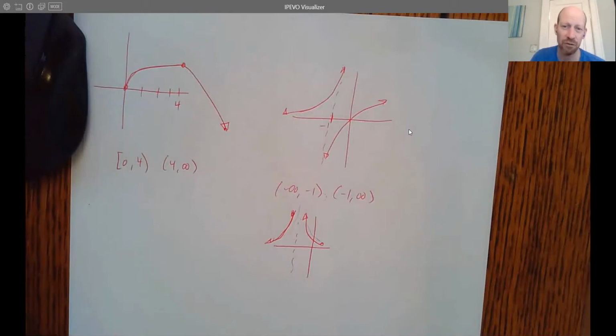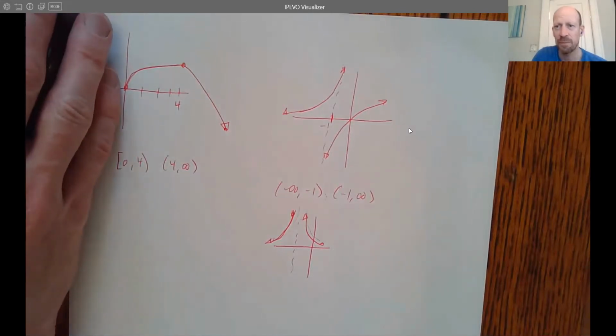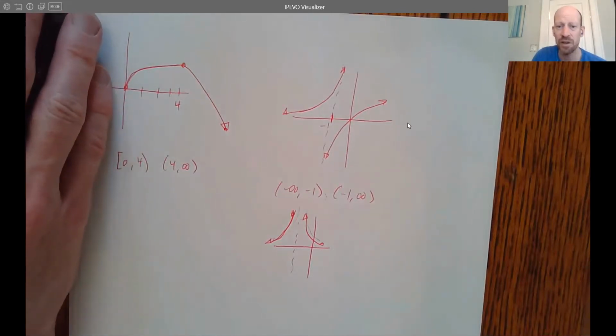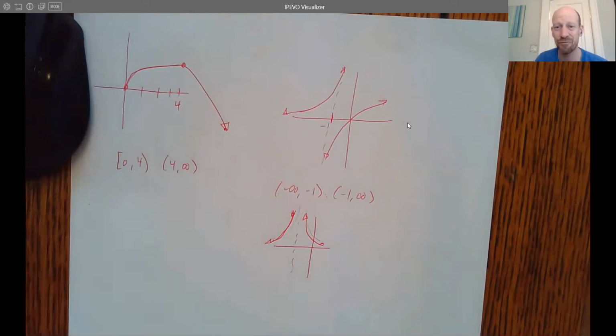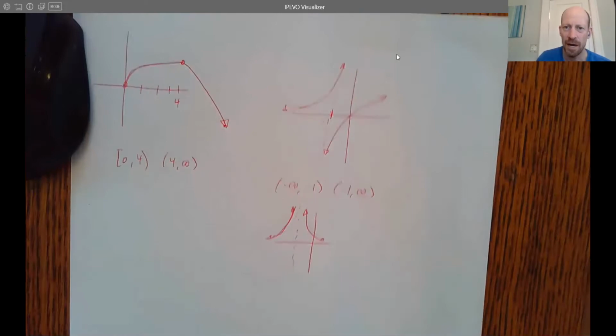The first derivative, the second derivative, the critical numbers, potential inflection points. They tell us a lot of information, but they don't tell us everything, right? So we have to be careful of some of these, I call them edge cases. This is a classic one.